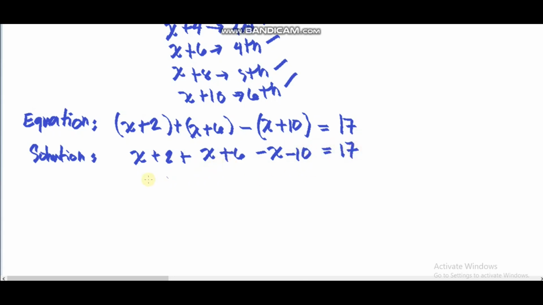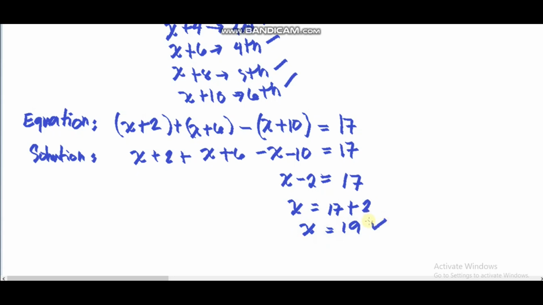So, combining like terms, 2x minus x, you have x. 2 and 6, that is 8, minus 10, you will have negative 2. You will have 17. X equals 17 plus 2. So, you will have the answer 19.